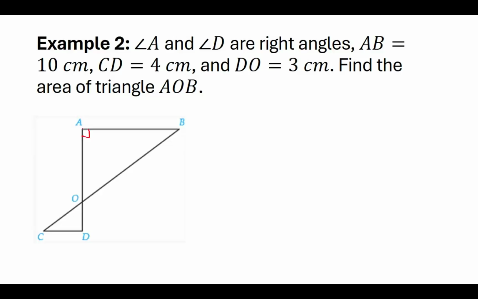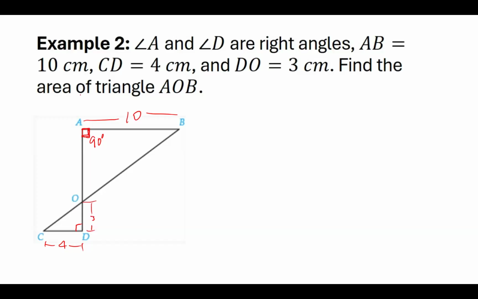So angle A is this, and angle D, and I'm putting a little square, and that square means that they're 90, so I don't even need to write 90. AB equals 10, so I know this length is 10, and CD is 4, which is over here. And DO is 3, which is from here to here.